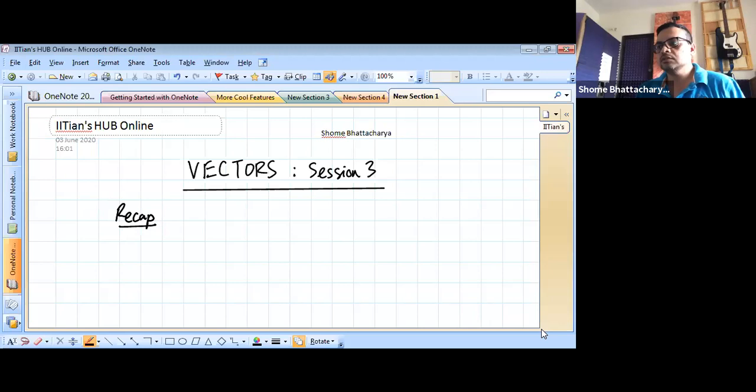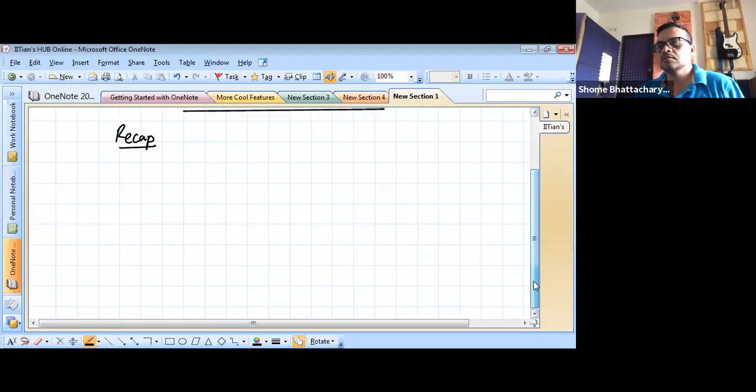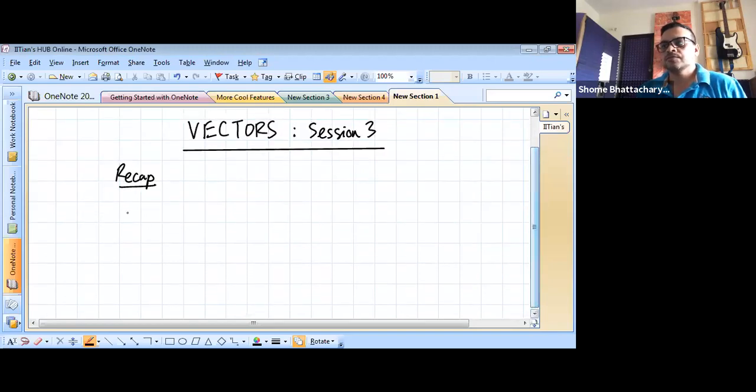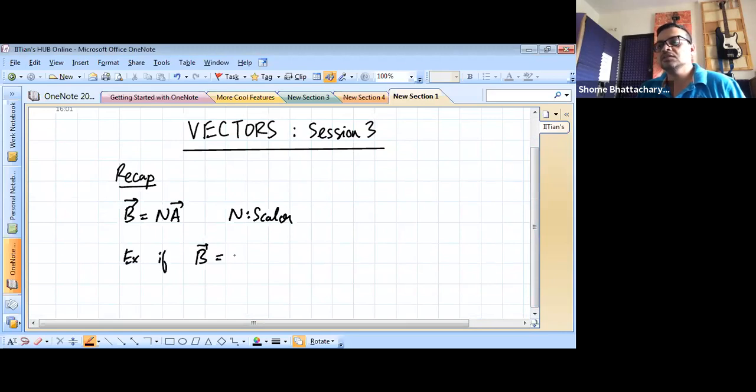We saw that as far as vector operations are concerned, if you represent a vector B as some multiple of vector A, where n is a scalar, and A and B are vectors, it means that, for example, if vector B is some positive scalar like 5 times vector A, then the magnitude of vector B becomes 5 times the magnitude of vector A.